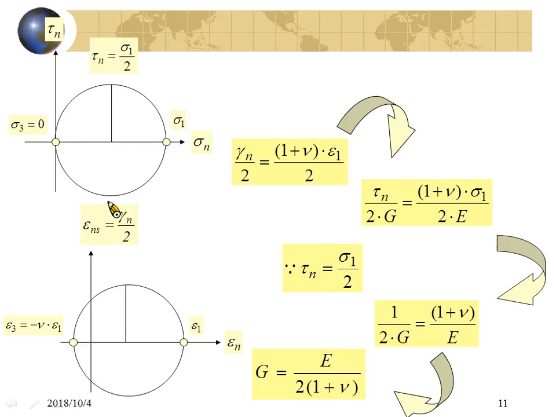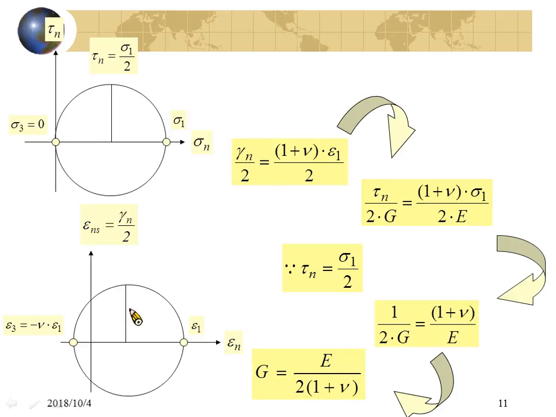So I will start from this. The shear strain here divided by 2 will be the radius of the Mohr circle of the strain tensor. Correct? This will be the radius.